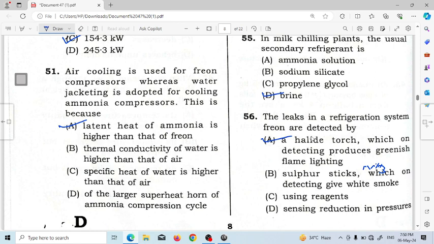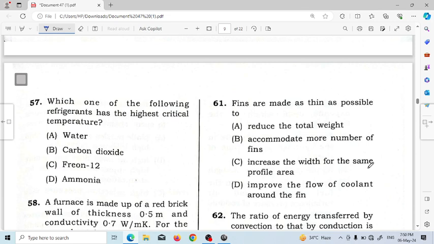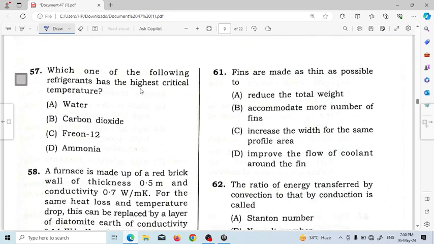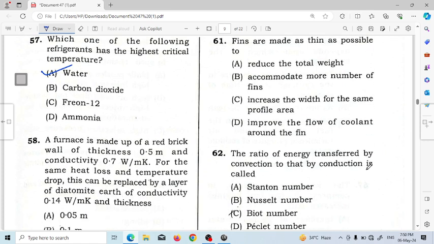So option A is the correct answer. The leakage detection of freon is usually done by a halide torch, which produces a greenish flame. Next question. Which one of the following refrigerants has the highest critical temperature? So water has the highest critical temperature, and that is the correct answer.